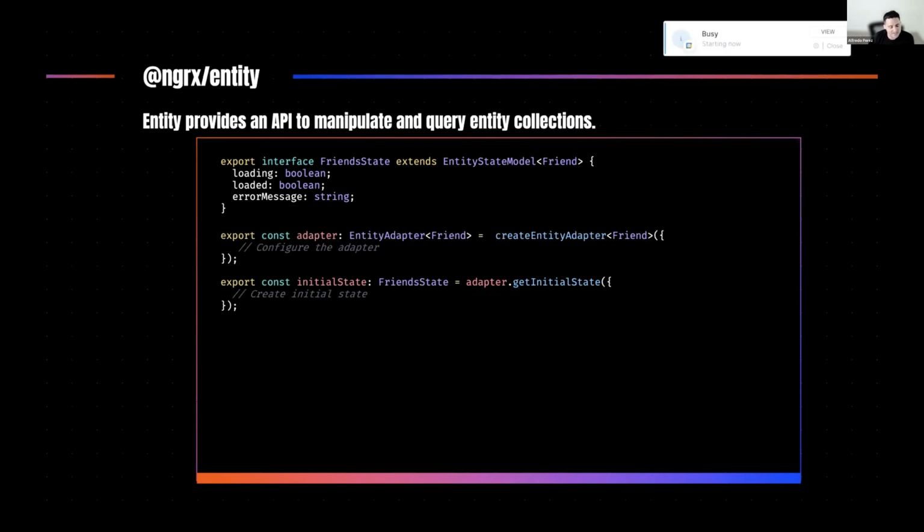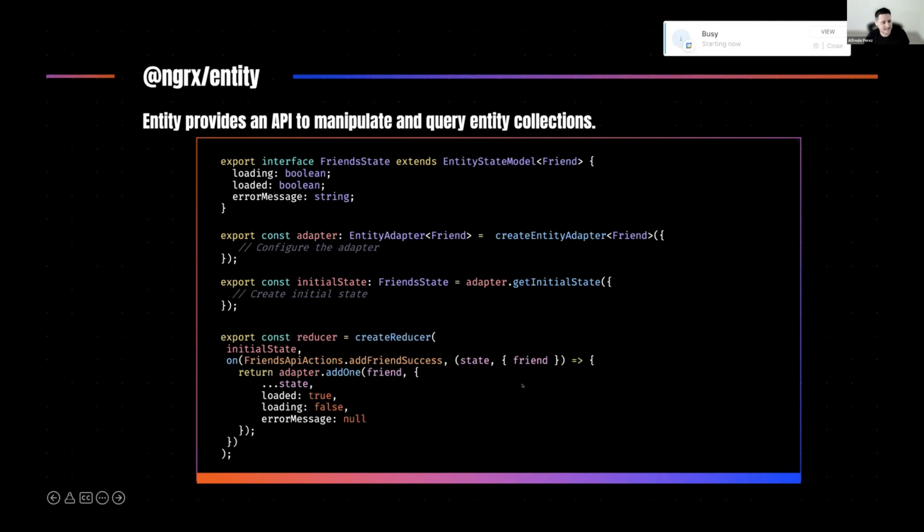And using the entity adapter, we can create the initial state. And later on in the reducers, we can use this entity adapter to manipulate the collection. And in this case, you can see how I am adding a new friend to the collection. And at the same time, I'm also keeping track of the other properties that I was using.